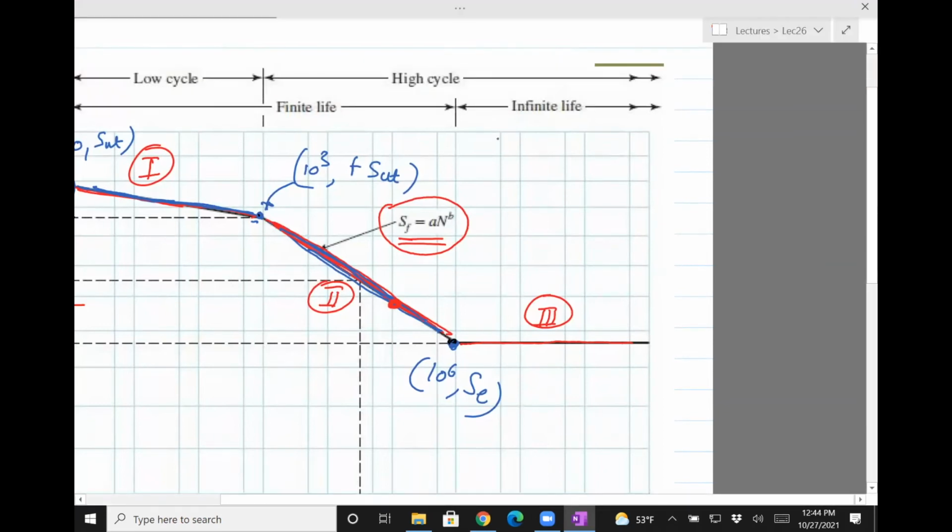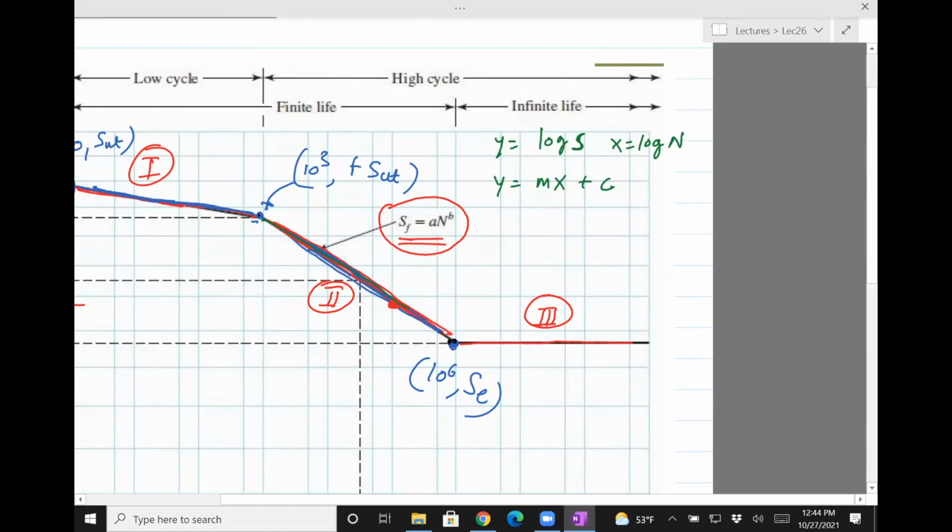I said the x-axis, so the y-axis is log of S, and the x-axis is log of N. And we know that this line is a straight line in the log scale. So we can write the equation as y equals mx plus c.